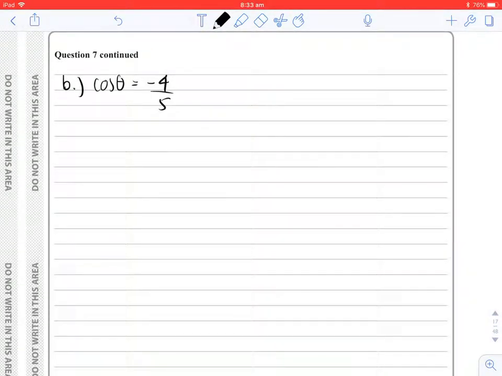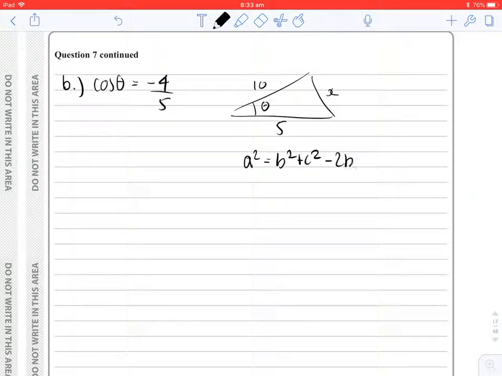So if we want to find the exact length of BC, we've got our triangle. Back from previously, I'll sketch it out here: you've got 10, you've got theta, and you've got 5, and we can use the cosine rule to find our missing length there. So a squared is equal to b squared add c squared minus 2bc cos A. We've got B, C, and A as our lengths.